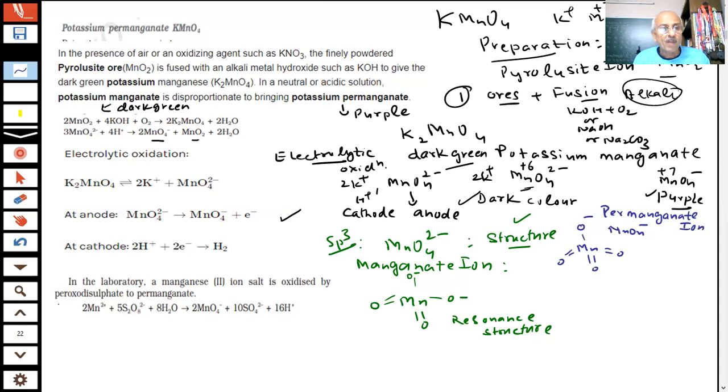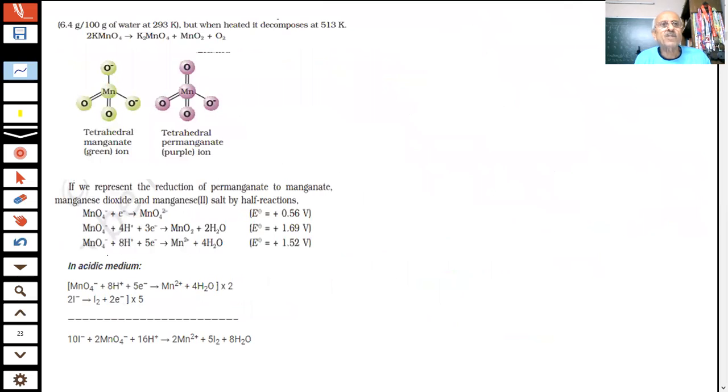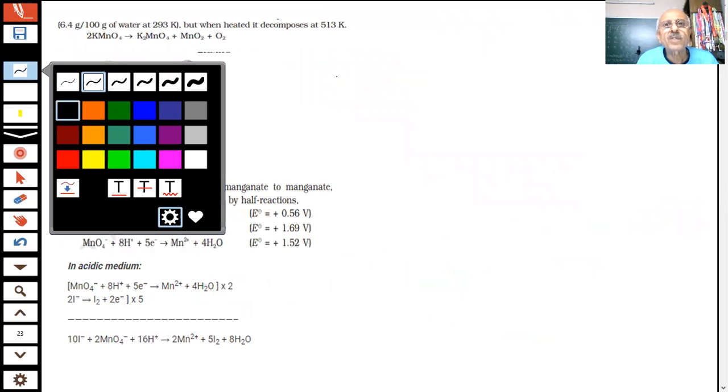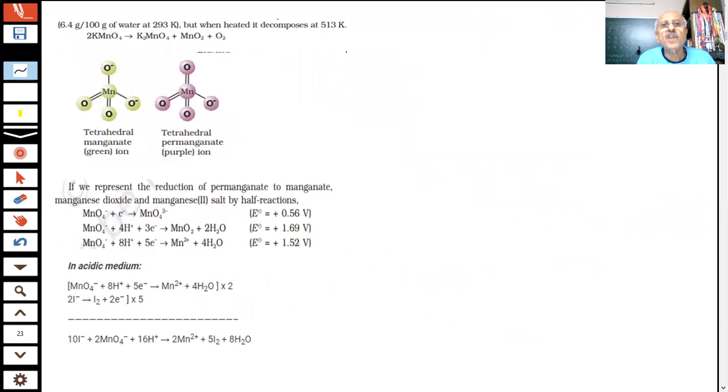So far, so good. Going further. Here we have shown you the structure which we have drawn. Important. See, the colors have been shown. And certain properties, they give you reactions or ask the action of heat. For example, they say in the exam KMnO4 heat, write the reaction.